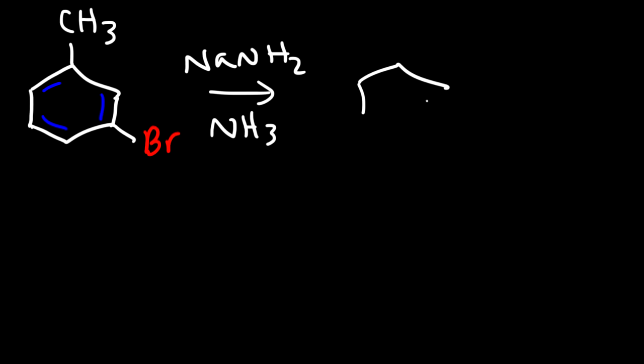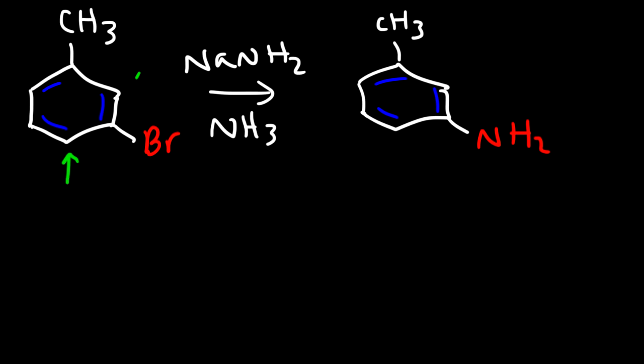It turns out that we can get a mixture of products, but not just two products, but rather we can get three products. So we can replace the bromine atom with the NH2 group, or we can put the NH2 group one carbon away from the bromine atom on either side, because we could form the triple bond here or here.